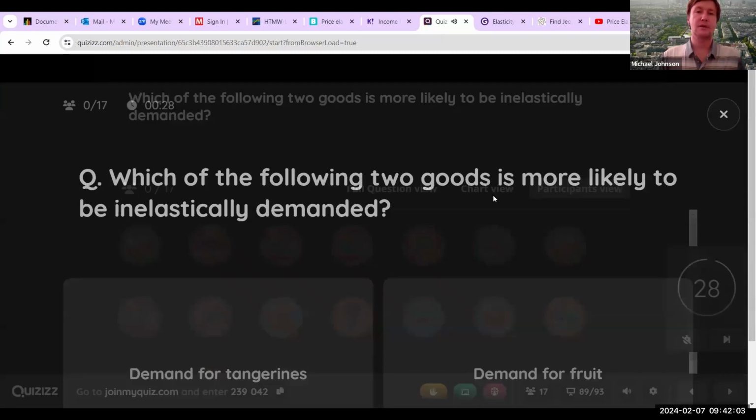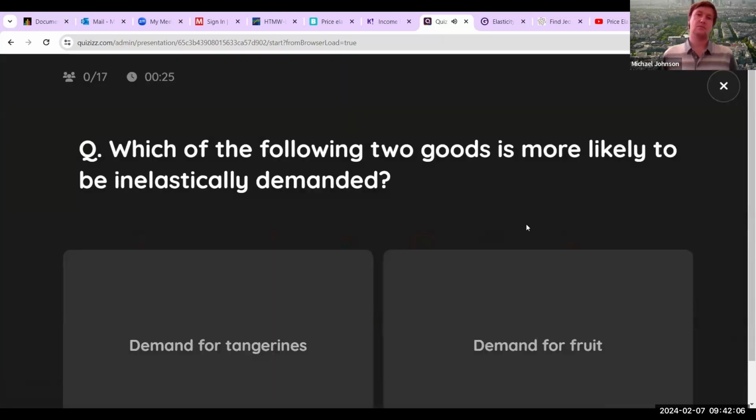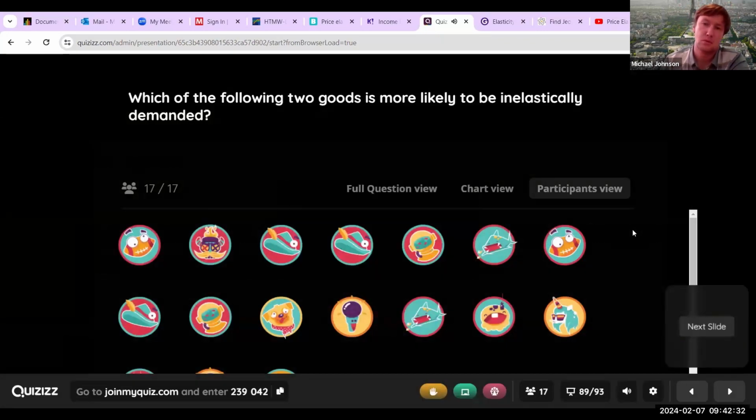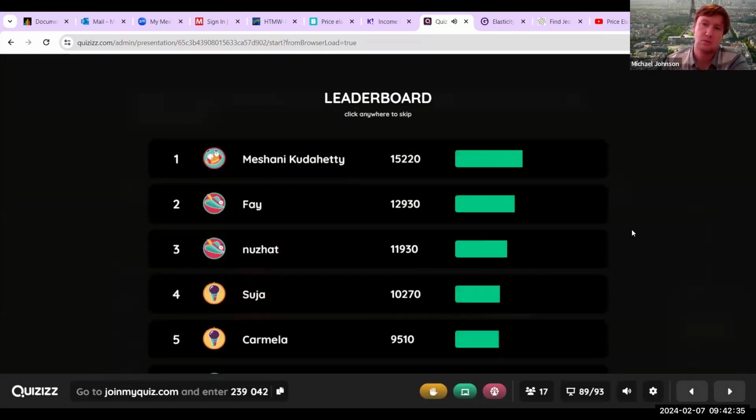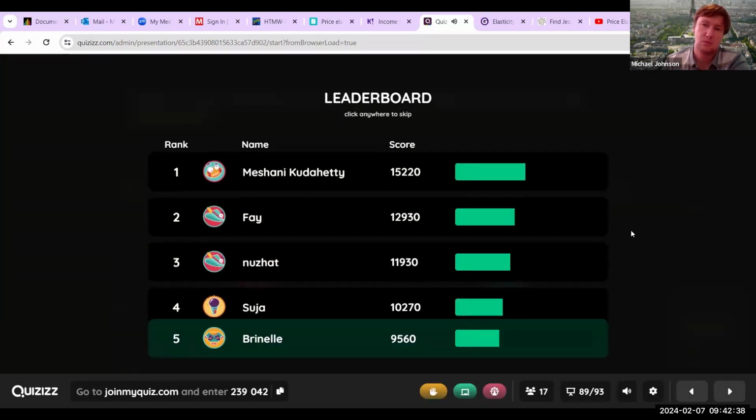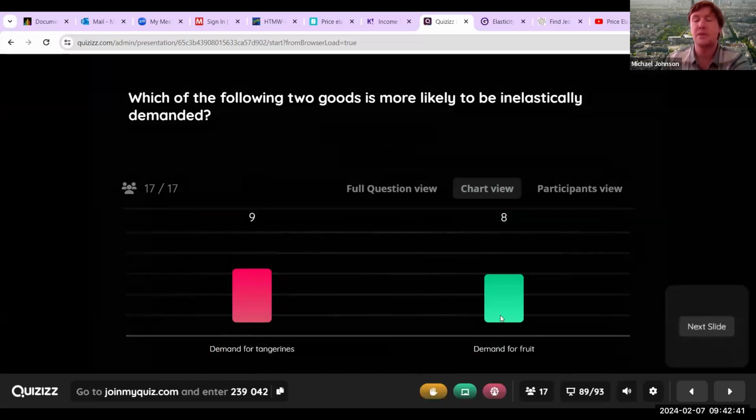Which of the following two goods is most likely to be inelastically demanded? It would be demand for fruit because there's no substitute for fruit directly.